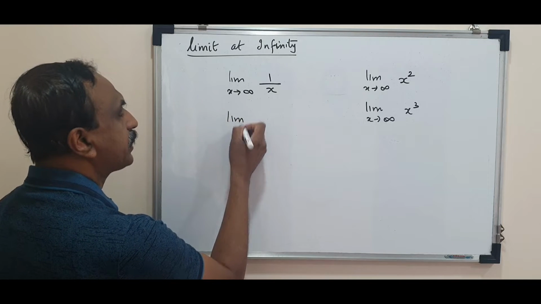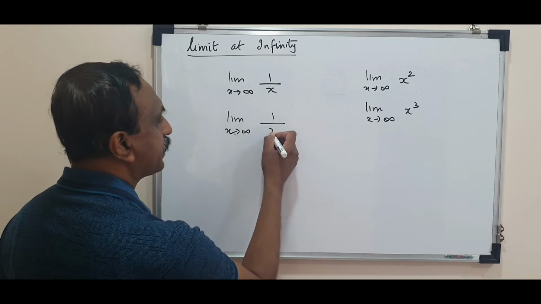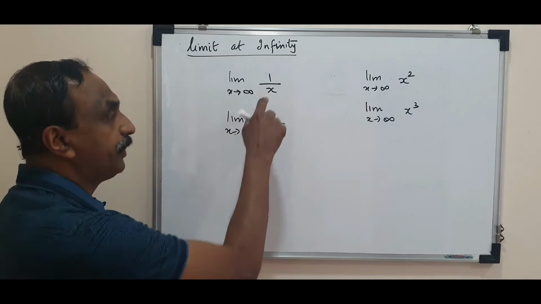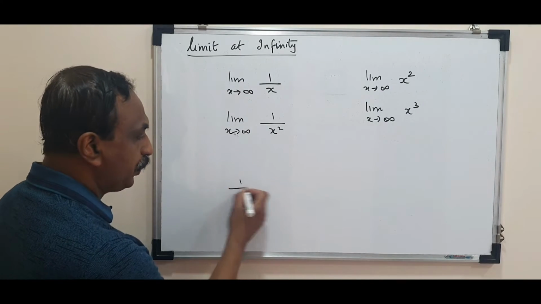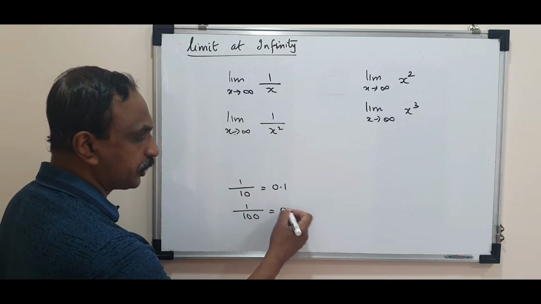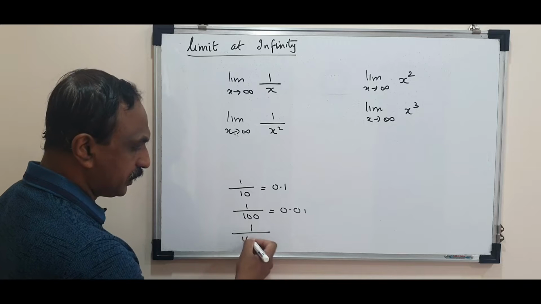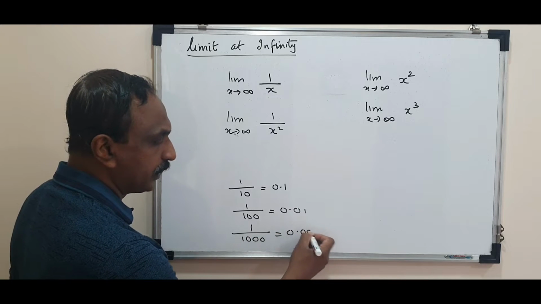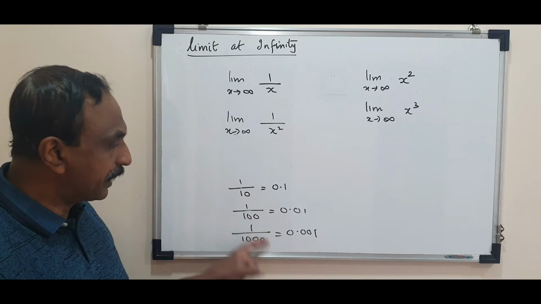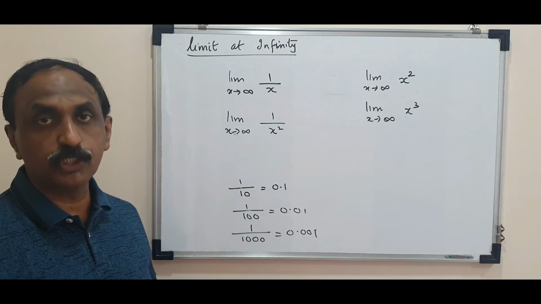Here, limit x tending to infinity, 1 by x square. When x is tending to infinity, that means the denominator becomes very large. We know that 1 by 10 is 0.1, 1 by 100 is 0.01, 1 by 1000 is 0.001. As the denominator becomes bigger and bigger, the value of the number becomes smaller.